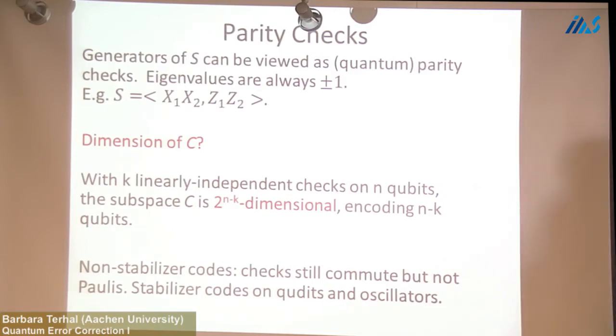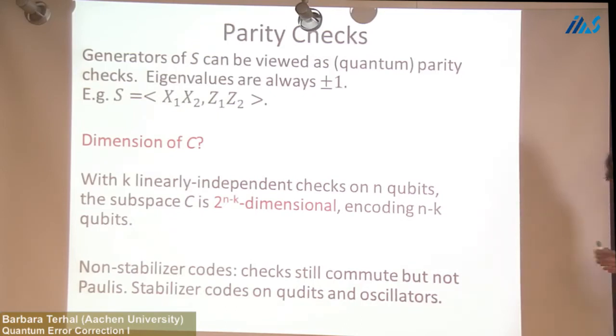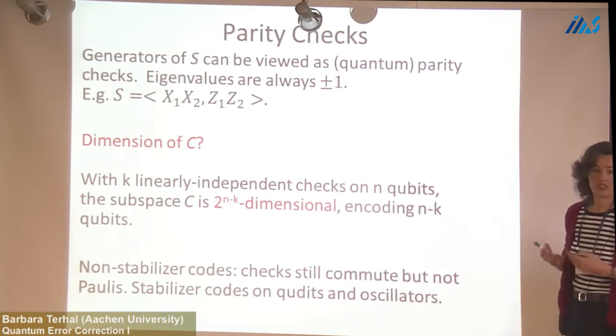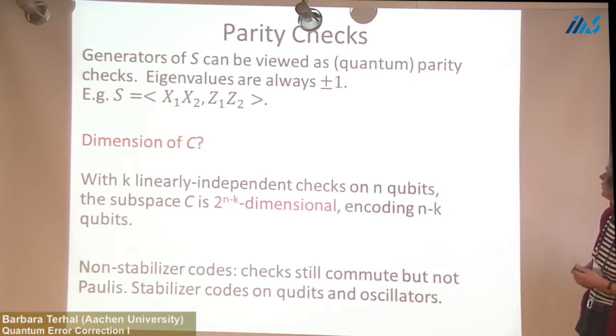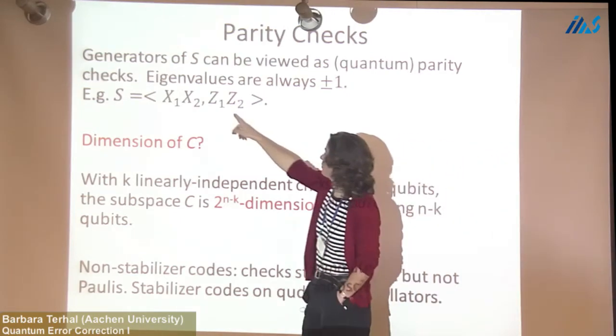If you're familiar with classical codes, parity check codes, where you have an n-bit code word which has to obey certain parity checks on subsets of bits that have to come out to be 1, and that defines the code words. These codes are a quantum generalization thereof, in the sense that we're not looking at the usual parity checks.